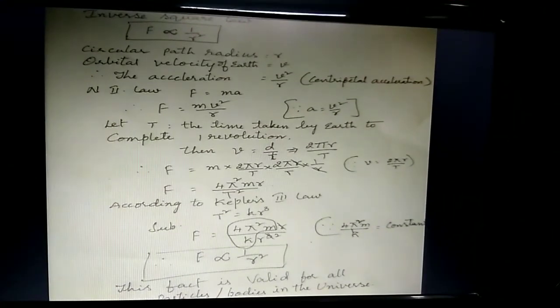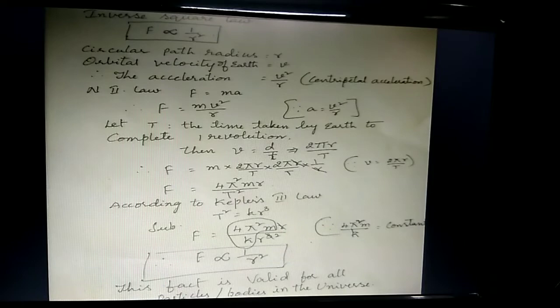In inverse square law, that is F is directly proportional to 1/R². Newton assumed that a planet revolves around the sun in a circular path of radius r. Let v be the orbital velocity of the earth. Now, when a body moves in a circular path of radius r with a velocity v, it experiences an acceleration a, which is equivalent to v²/r, which is also known as centripetal acceleration.